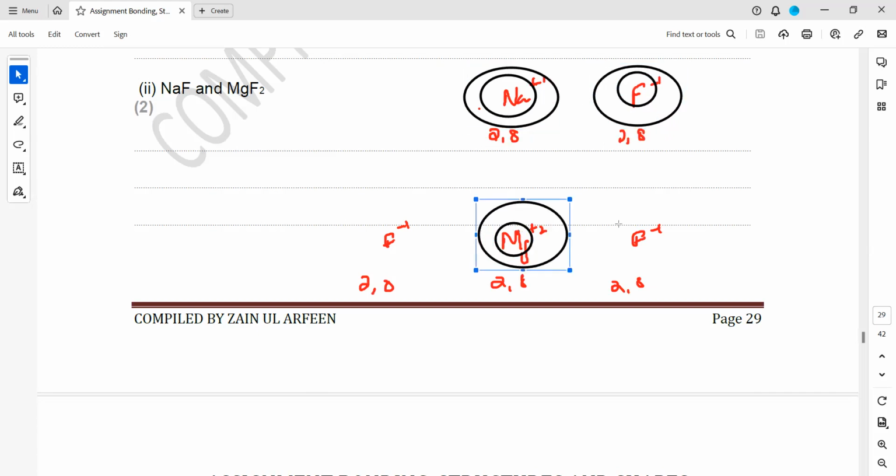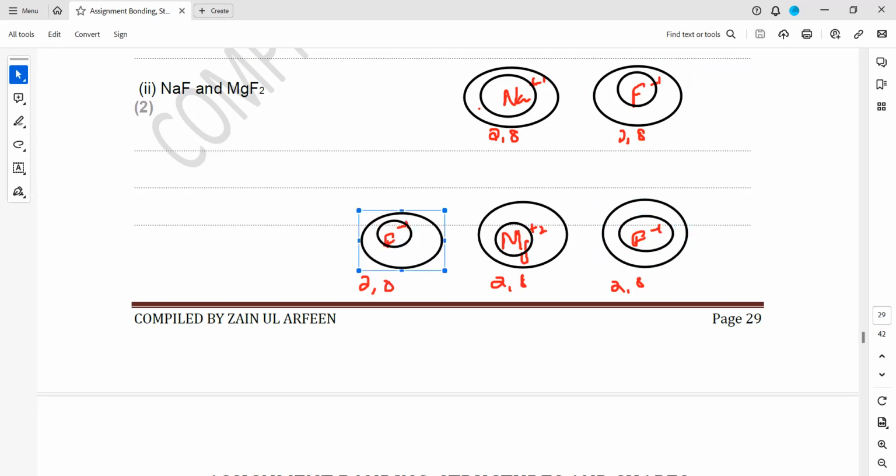But why is magnesium fluoride still having a higher lattice energy as compared to sodium fluoride? The result is because, in case of a magnesium ion, even though the shells are the same, 2,8 and 2,8, what difference is there?